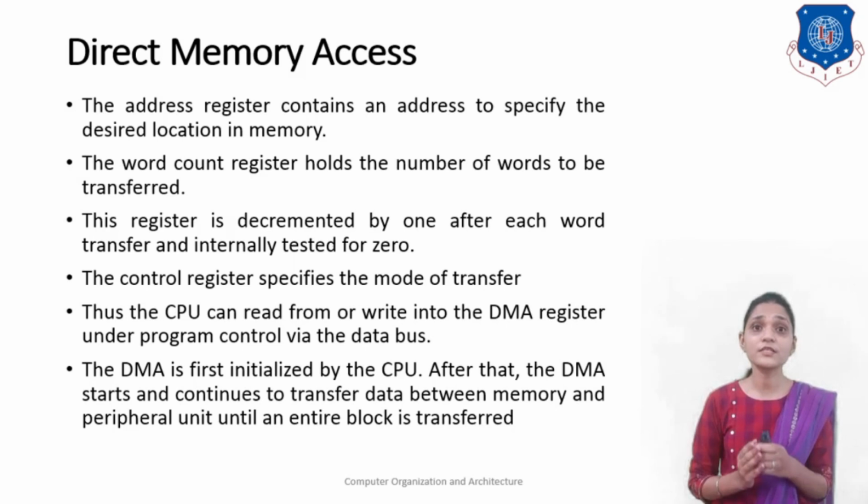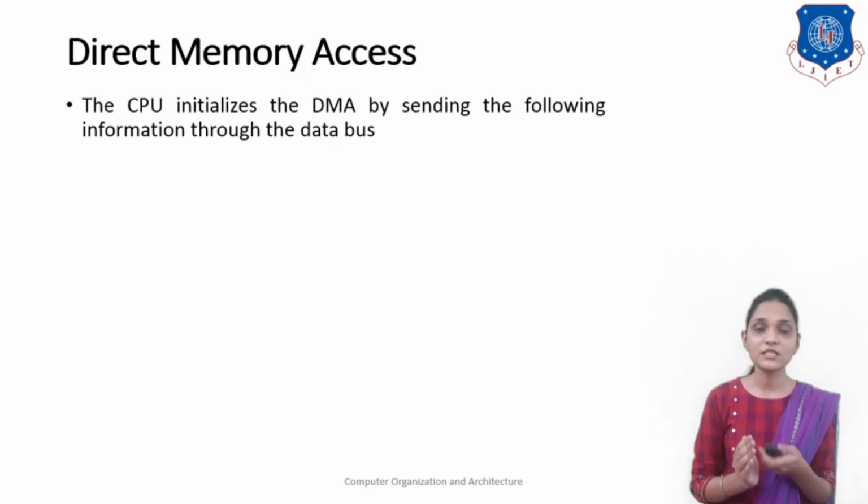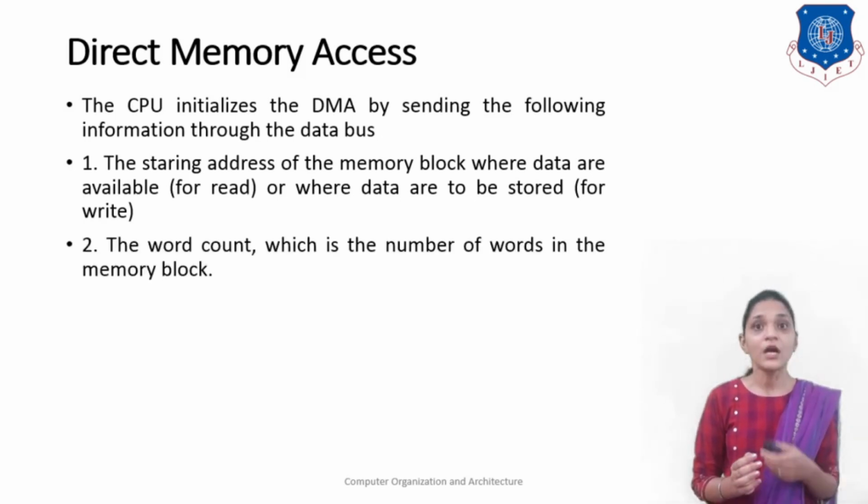The CPU first initializes the DMA. After that, the DMA starts to transfer the data between the memory and peripheral units continuously until the entire block is transferred. The CPU initializes the DMA by sending the following information through the data bus. First, the starting address of the memory block where the data are available for reading or where data are to be stored.